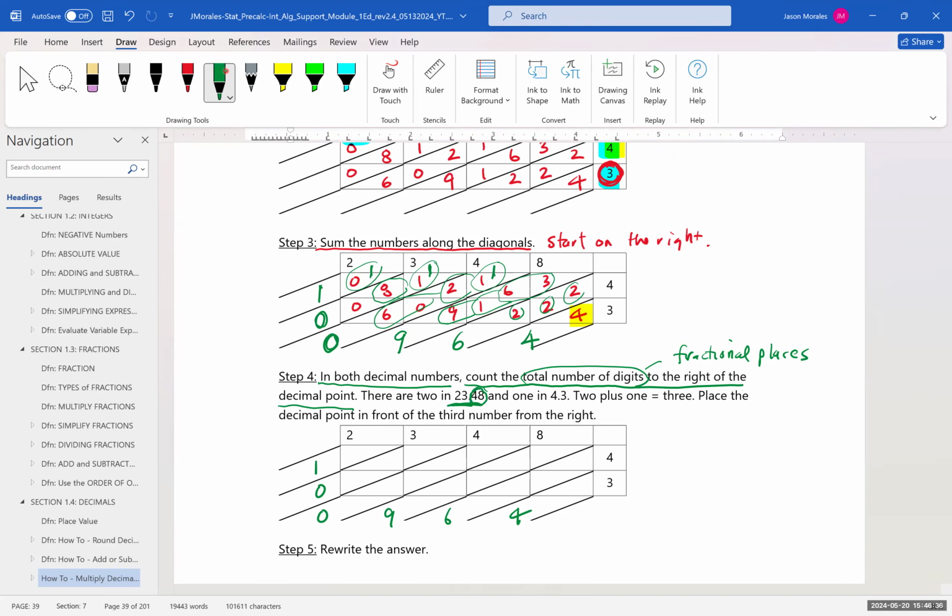In the number 4.3, we have 1 digit in the fractional place. So 2 plus 1 is 3. We're going to place the decimal point in front of the third number from the right. Starting here, we go 3 decimal places to the left: 1, 2, 3.